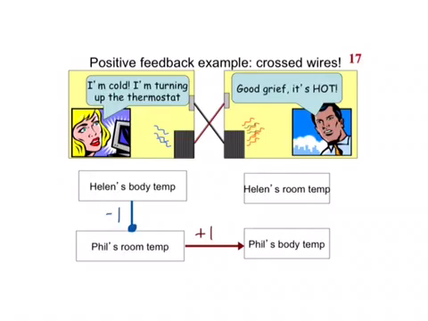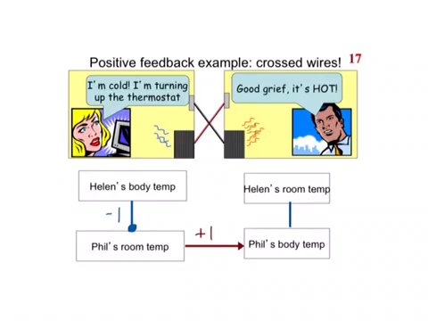Now when Phil's body temperature goes up, he's going to want to turn the thermostat down, but that actually impacts Helen's room temperature. So when Phil's body temperature goes up, Helen's room temperature should go down, and this will be represented as a negative coupling.